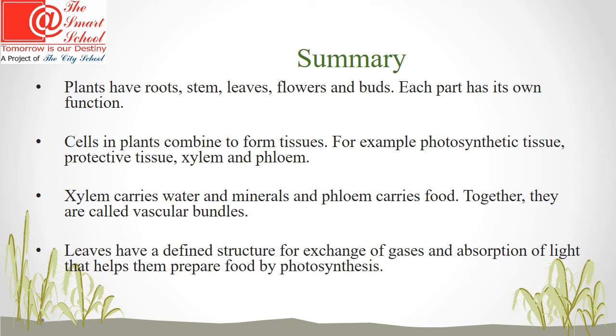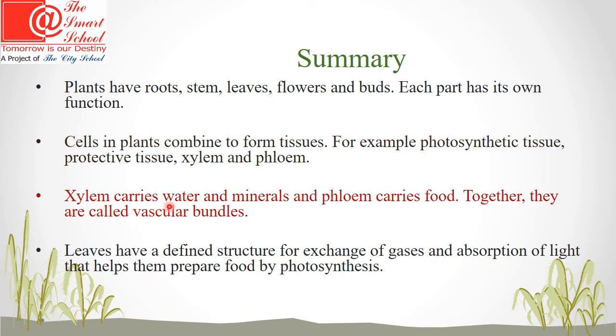Now we shall summarize what we have studied in this lesson. Plants have roots, stem, leaves, flowers, and buds. Each part has its own function. Cells in plants combine to form tissues. For example, photosynthetic tissue, protective tissue, xylem, and phloem.